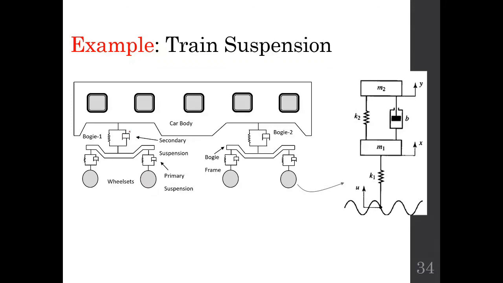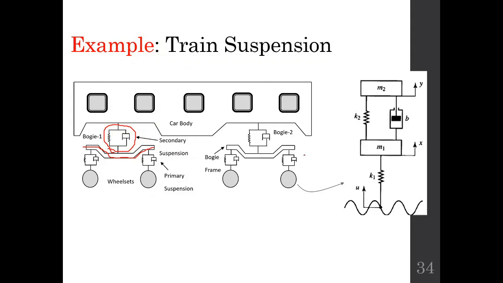In the train suspension system we have this spring and dashpot which is connected to the train body. It is resting on this metal surface which is connected to the wheels by this primary suspension system. So this is your primary suspension system and this is your secondary suspension system, and in between these two suspension systems we have this metal body holding the train body.